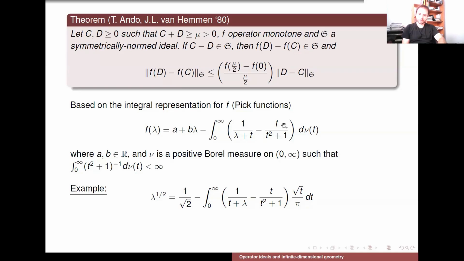So using this result, we have that the functional calculus of operator monotone functions is continuous if, for instance, we restrict to strictly positive operators, strictly positive invertible operators, sorry.